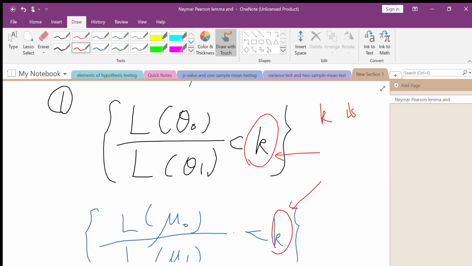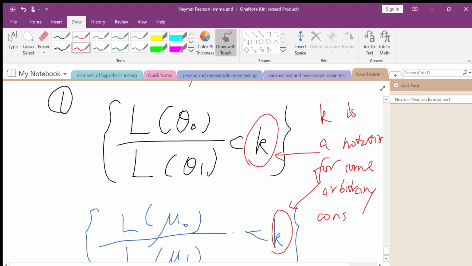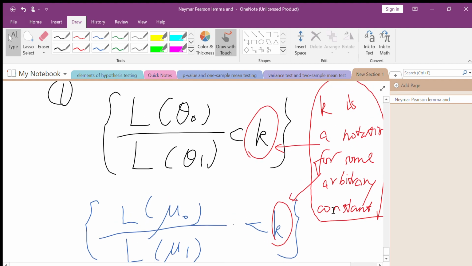K is a notation for some arbitrary constant. So what k actually is does not matter. K is just notation to remind you that it is some constant.